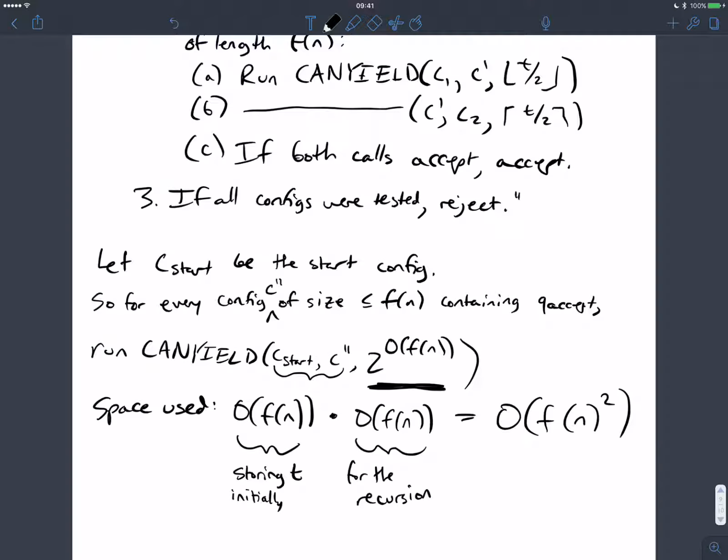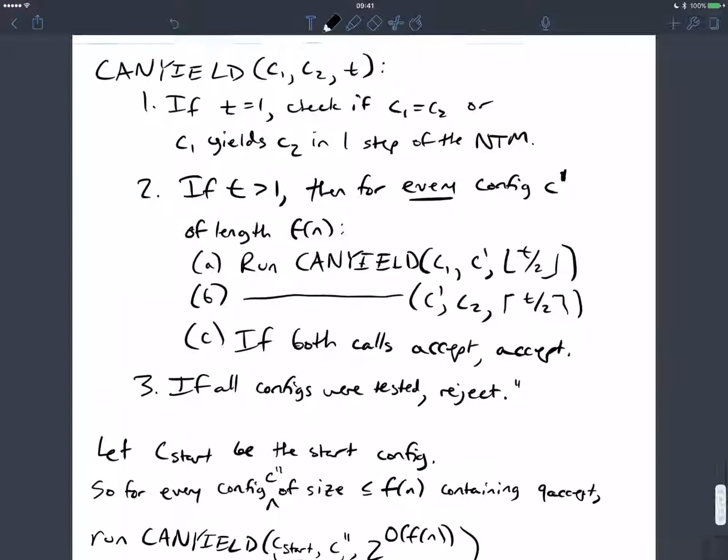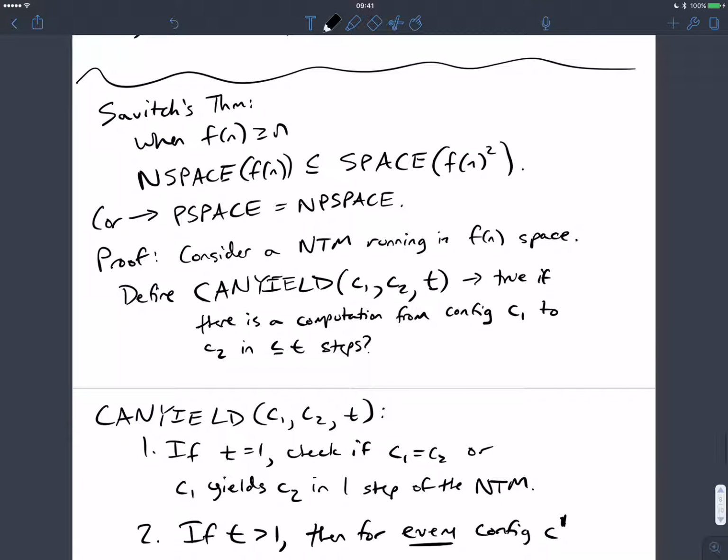Pretty cool result. So we can actually relate any amount of space, at least n, with non-deterministic space quite easily. You can actually see that if we think about exponential space versus non-deterministic exponential space, those are the same via this theorem, because you only get a squared amount.